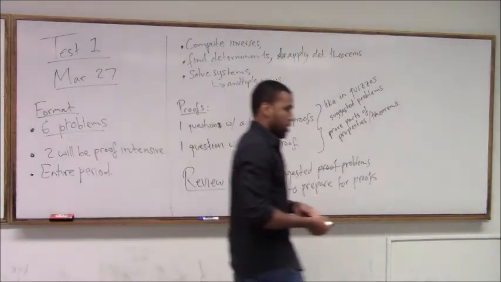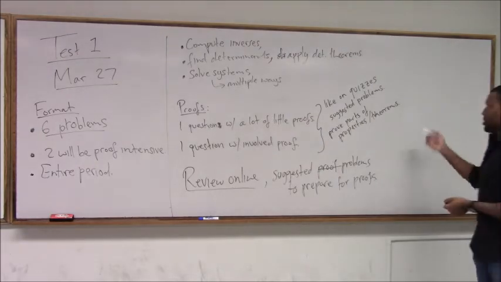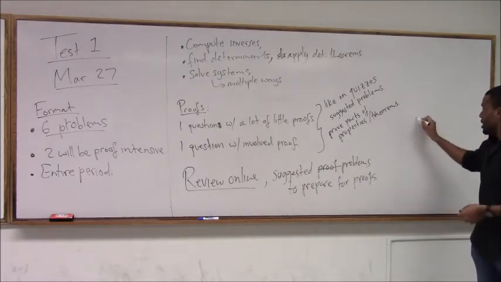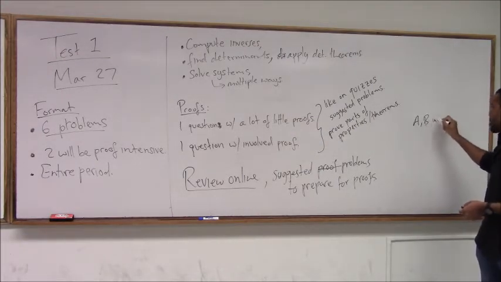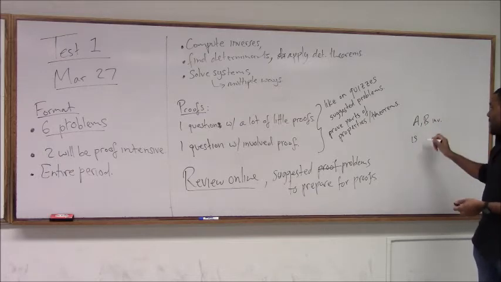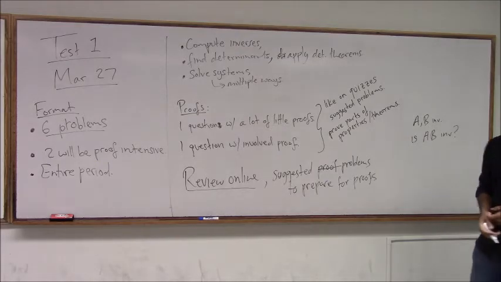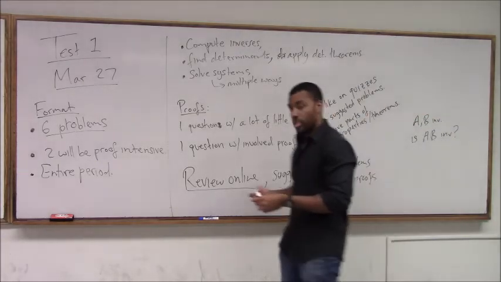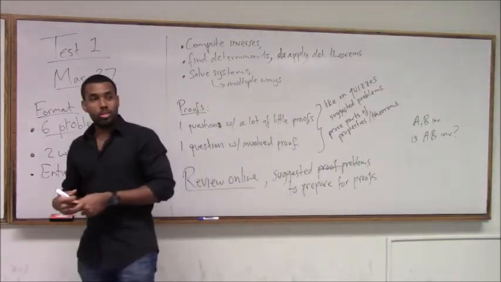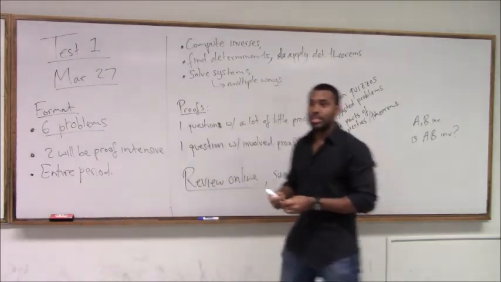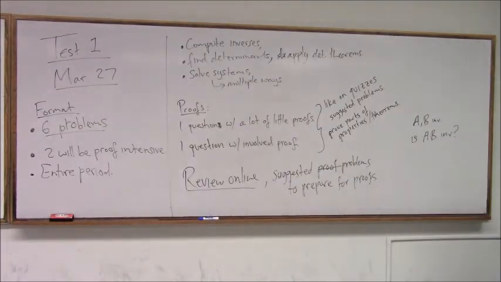Something like this: if you know A and B are invertible, I might ask you, is AB invertible? That's a good short proof. What is the answer? It is invertible. How would you prove it? We have a theorem that the product is invertible, that's the property.